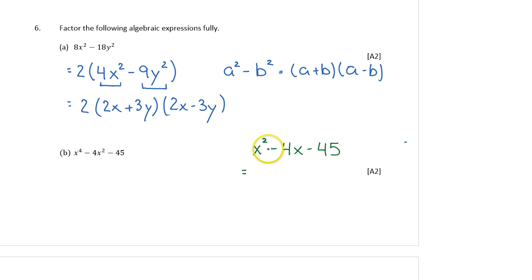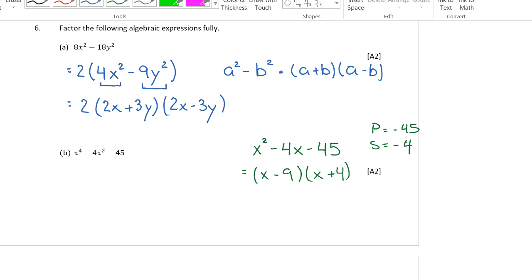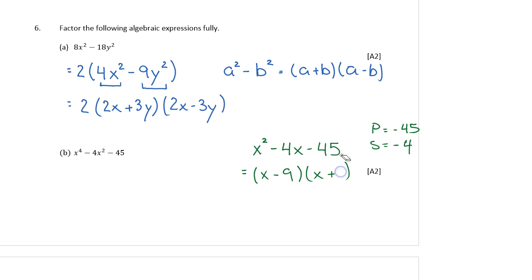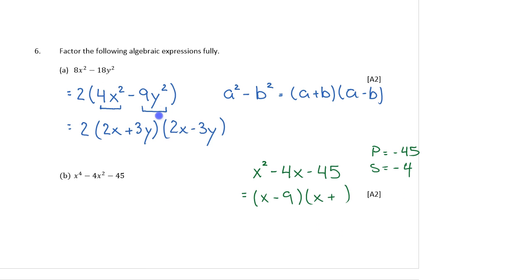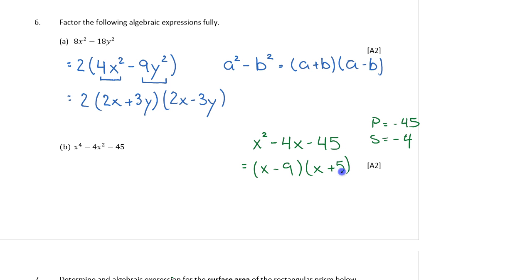So if I can factor this example here on the right hand side of the screen, the product has to be negative 45, the sum has to be negative 4, so it's going to be x minus 9, x plus 5.